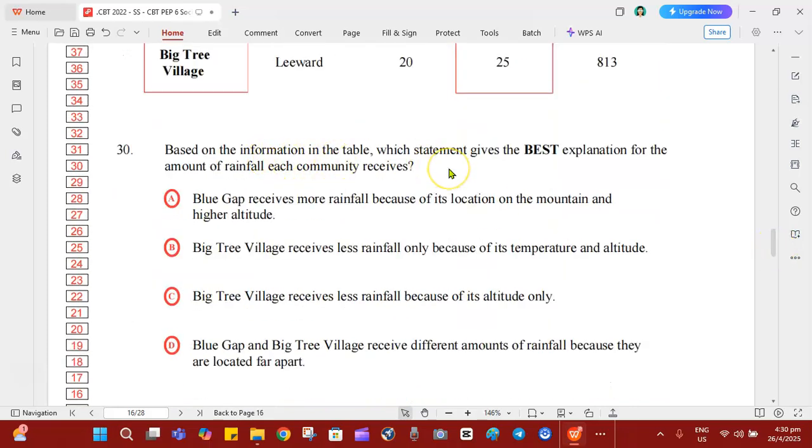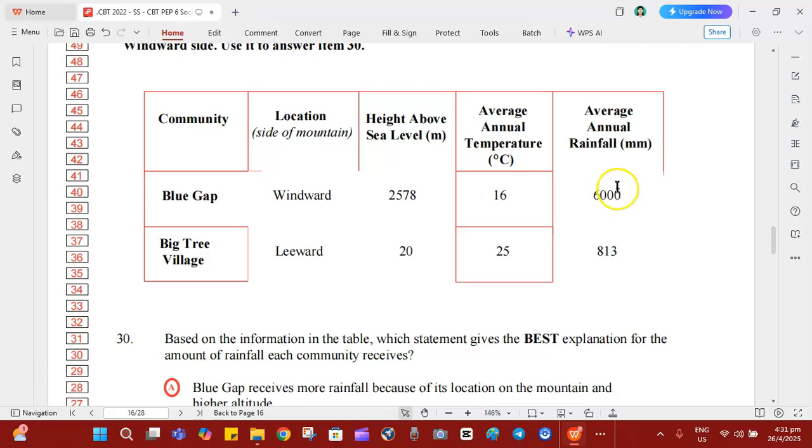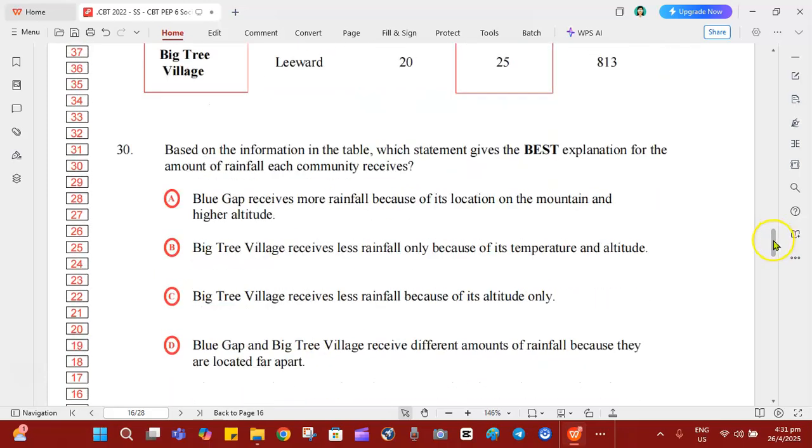Based on the information in the table, which statement gives the best explanation for the amount of rainfall each community receives? A says Blue Gap receives more rainfall because of its location on the mountain and higher altitude. Remember, the higher you go, the more rainfall, and the cooler you become. B says Big Tree receives less rainfall only because of its temperature and altitude.